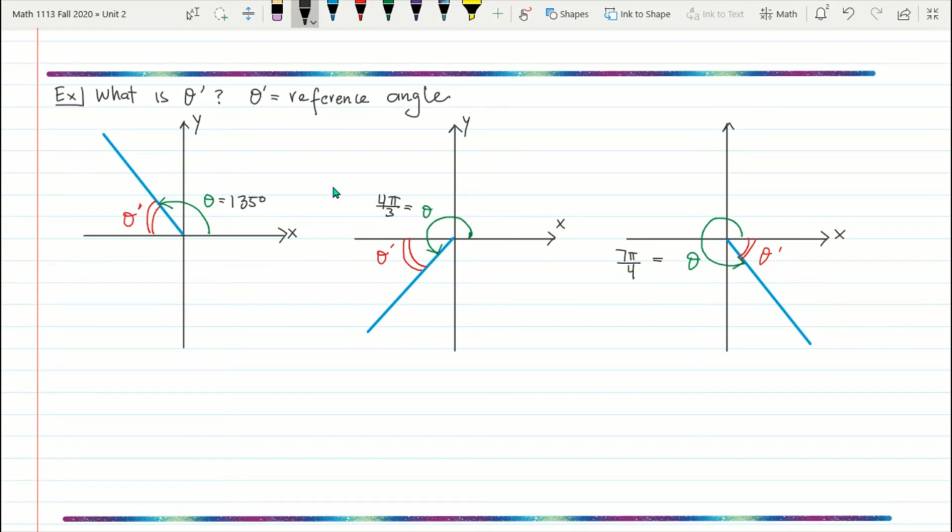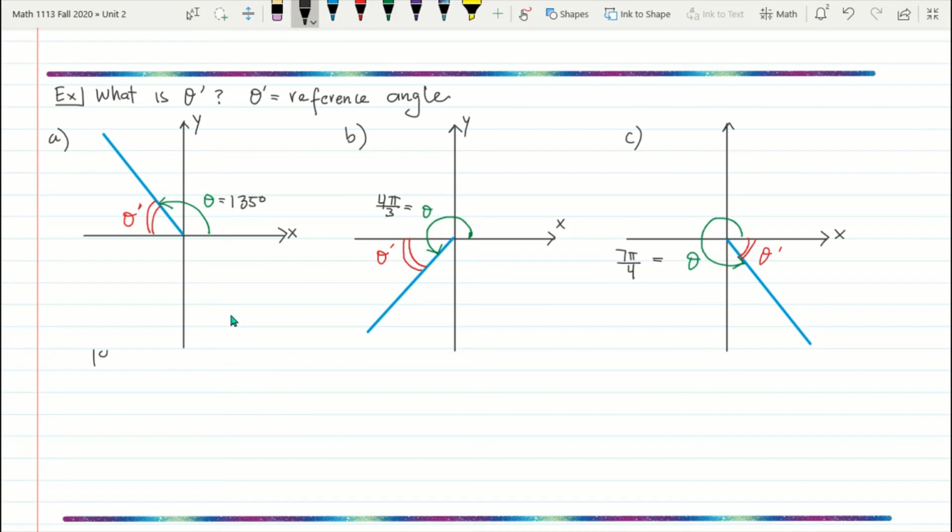For the first example, I'll label them A, B, and C so we can understand which one is what. For example A, I have theta being equal to 135. So what is the reference angle theta prime?